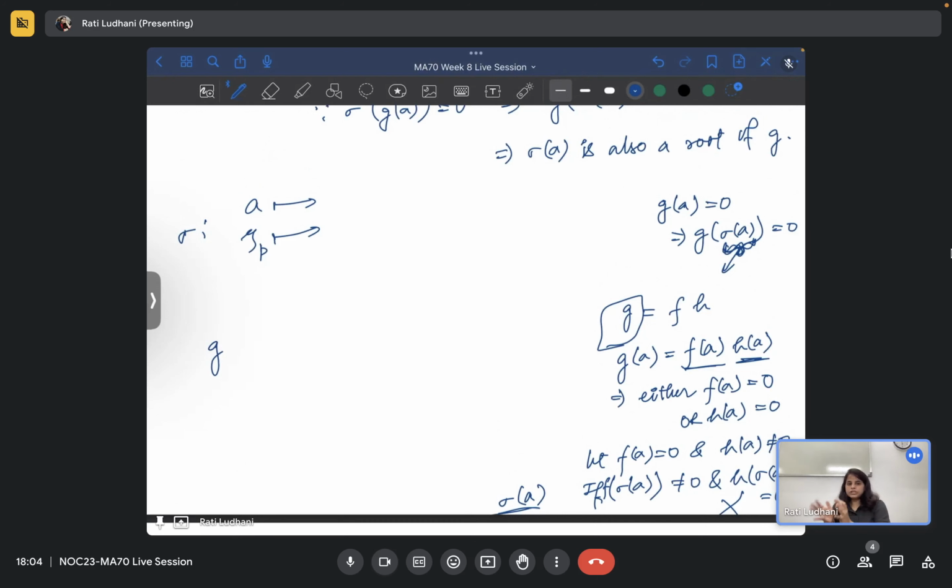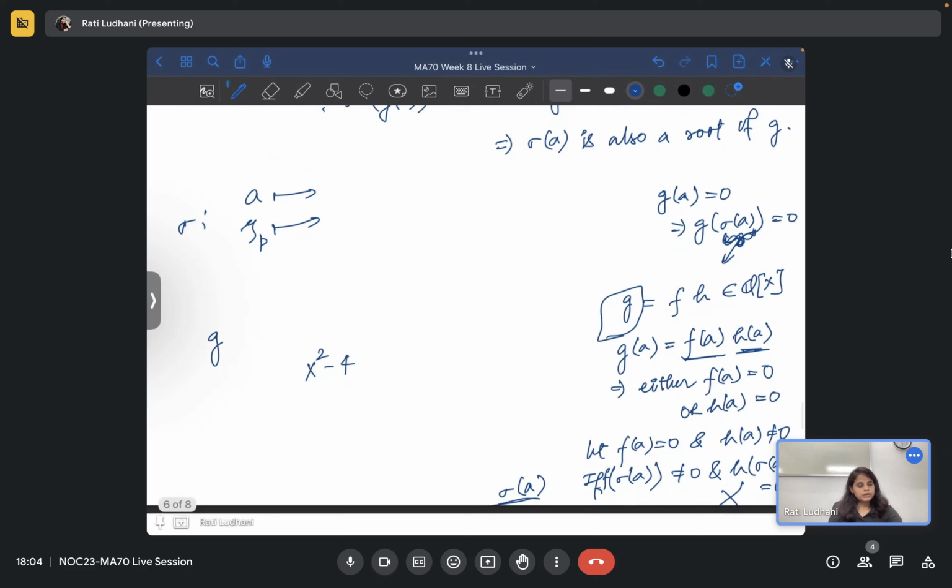So if we consider G, and G can be factored into F and H, again in Q[x], like these are not happening in the bigger field, just F and H are still in Q[x]. So for example, you have x square minus 4. Then you can factor it as x minus 2 and x plus 2.